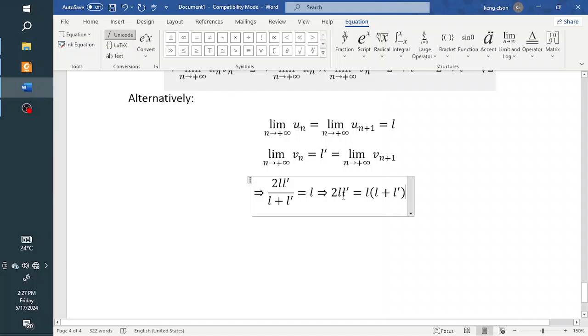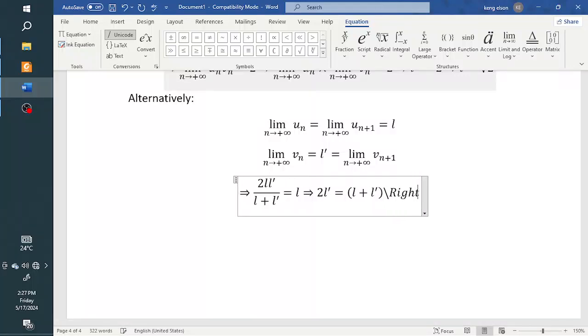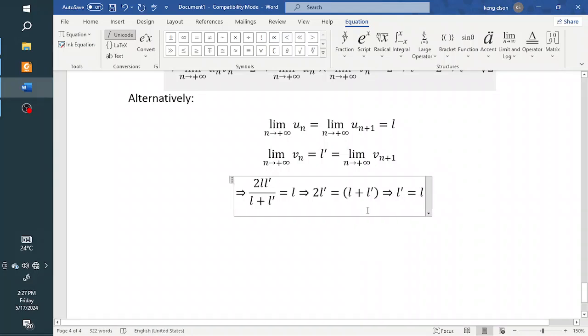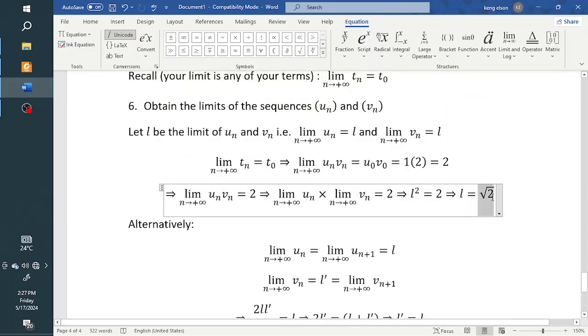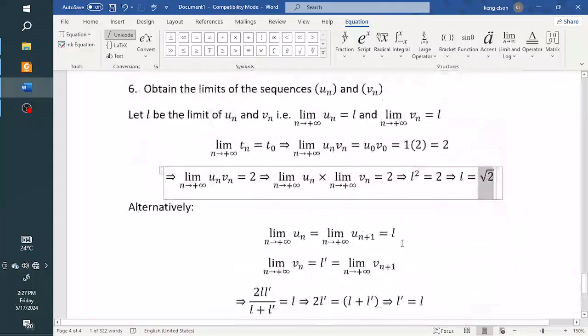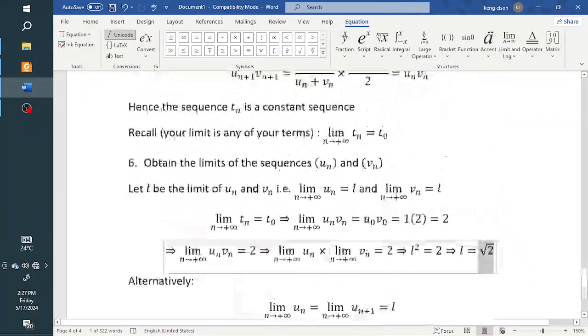Now L cancels with L, and from here we have 2L prime minus L prime is equal to L, which means that L prime is equal to L. I think if L prime is equal to L, then the problem is solved. They definitely have the same limit, which is good. I wanted to verify this to be sure.